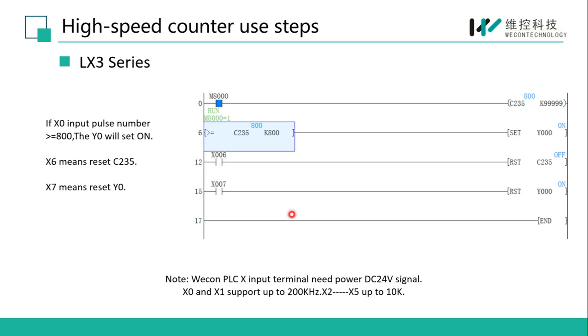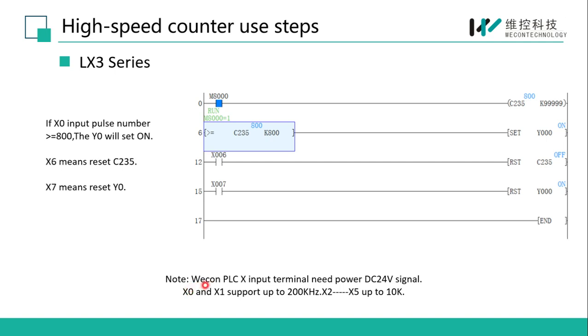So let me introduce how to use it. For LX3V, in the first line, we need to enable these counters. Then we can use the value of this counter to trigger some other registers or some instructions.